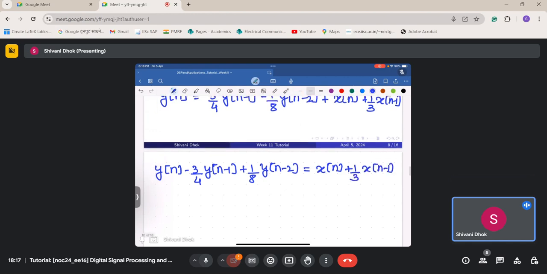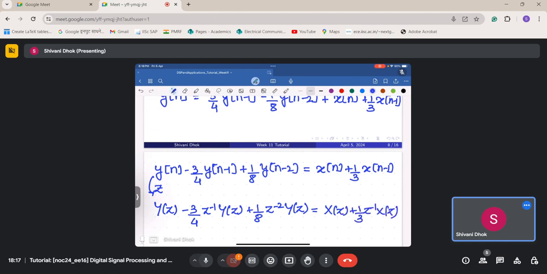Now we can take the z transform. So we'll have y of z minus 3 by 4 z inverse into y of z plus 1 by 8 z to the power minus 2 into y of z, which will be equal to x of z plus 1 by 3 z inverse into x of z.